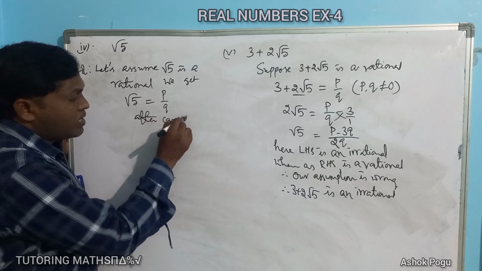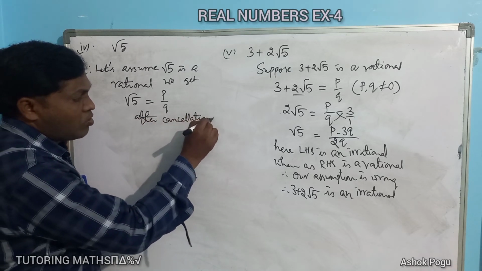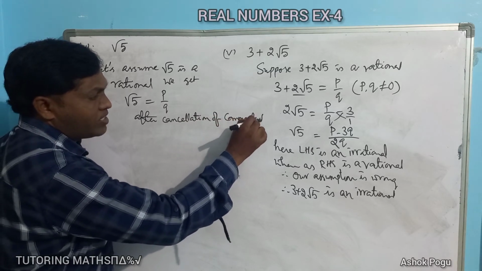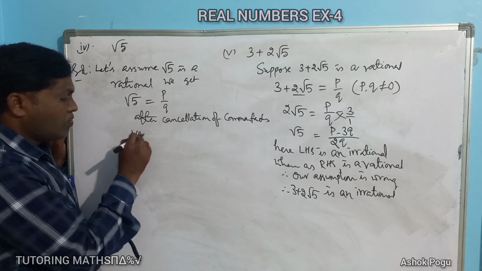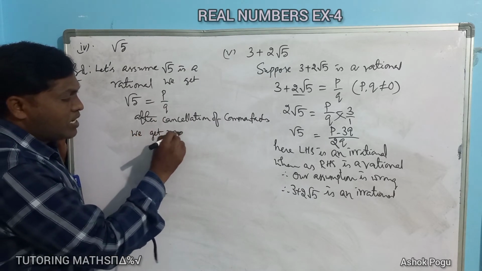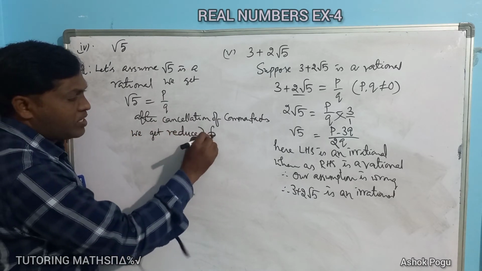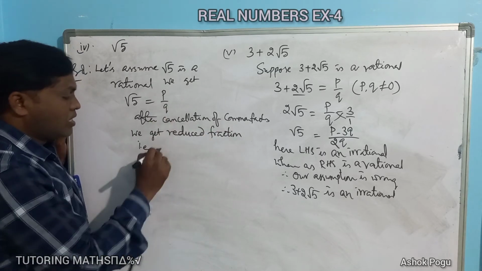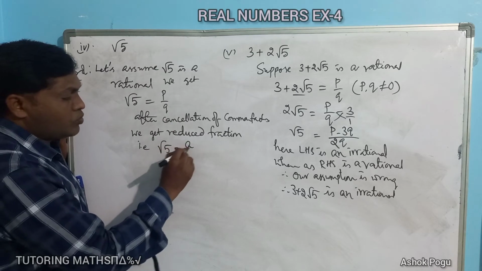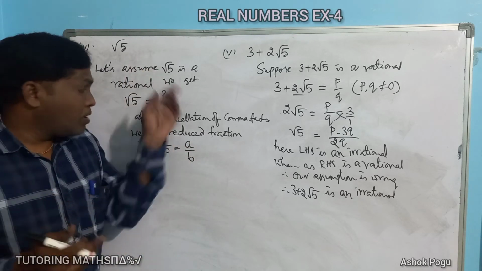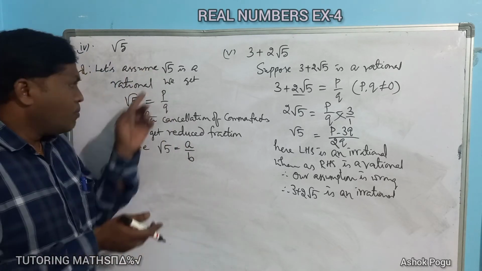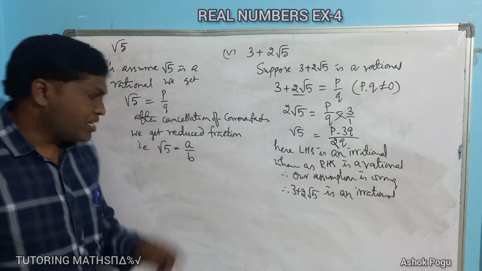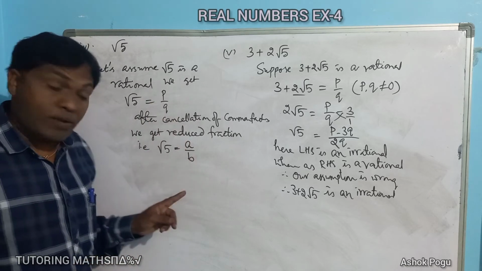After cancellation of common factors, we get a reduced fraction. So that is root 5 is equal to a by b. Now p by q is converted into a by b, because p and q may have common factors. So after cancellation, this changes to a by b.